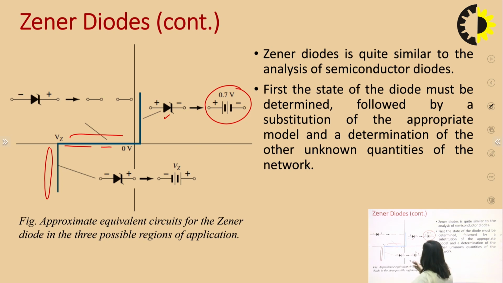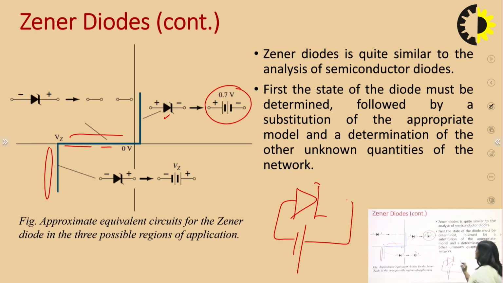This is our Zener diode, and we have given the reverse bias. This is minus, this is plus. The P plate is connected with the negative and the N plate is connected with the positive.